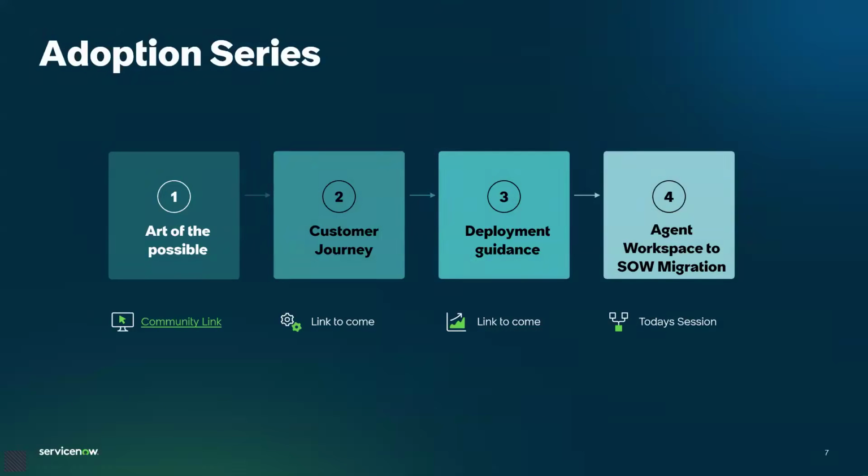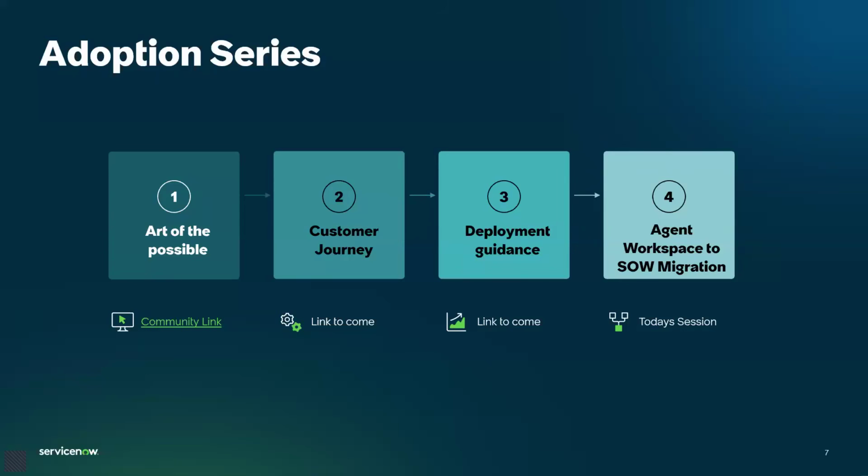We are on the final session today, but we started with the art of the possible, where we show you a demo of the day in the life of a service desk agent. We show you a demo that included the SLW landing page, major incident management with Now Assist, Microsoft Teams integrations. Then on the second session, we show you the 4 phases of adoption maturity.